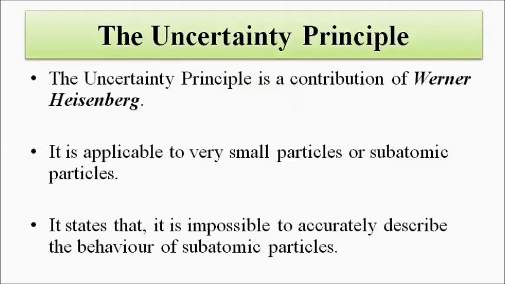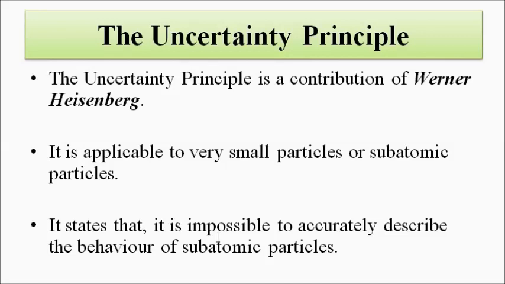Now the uncertainty principle. So the uncertainty principle is a contribution of Werner Heisenberg. Again, it is applicable to subatomic particles, and basically it revolves around the concept that it is almost impossible to accurately track or describe the properties or behavior of the subatomic particles, which includes atoms, electrons, all the moving particles.